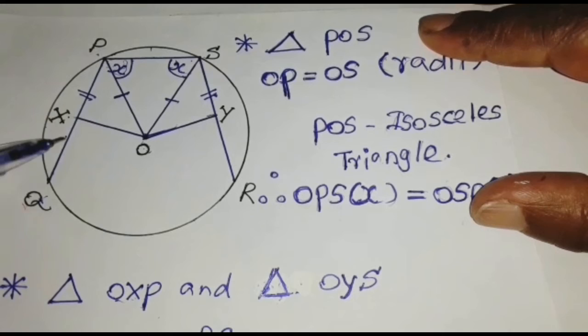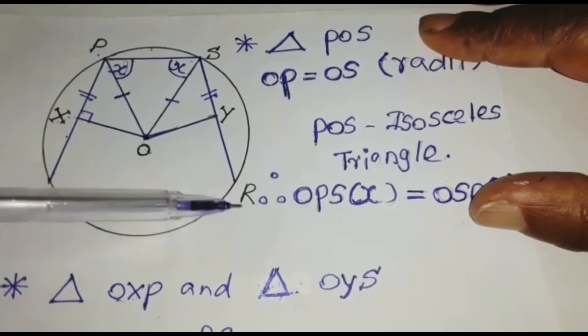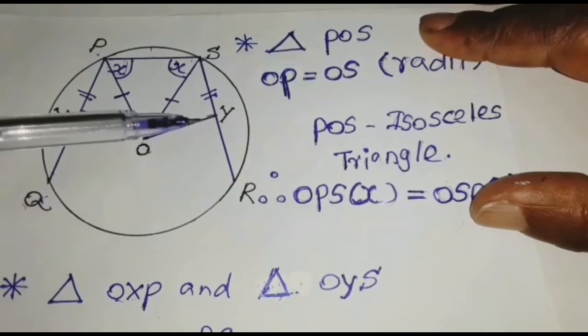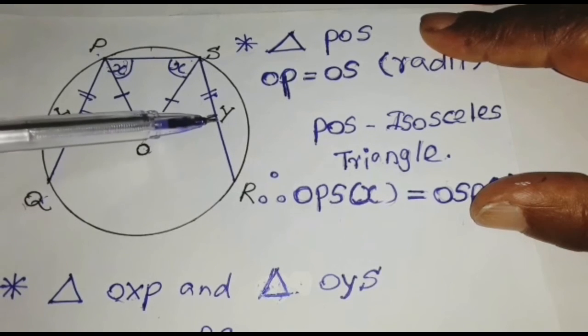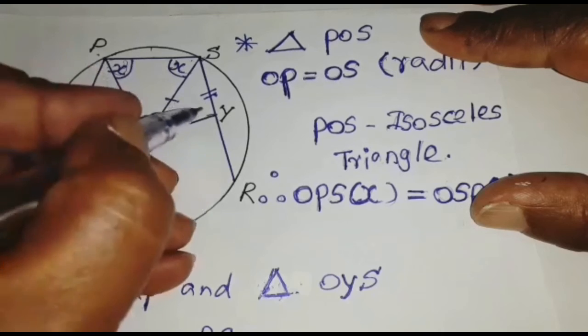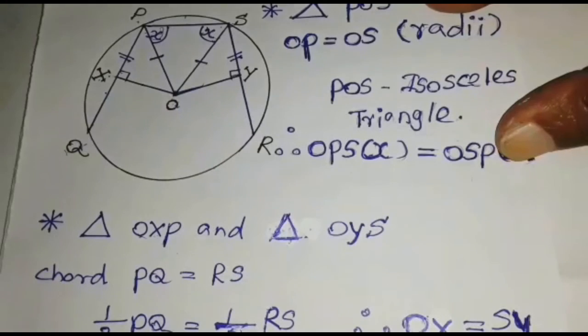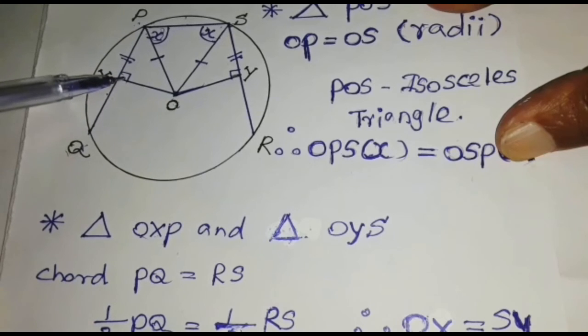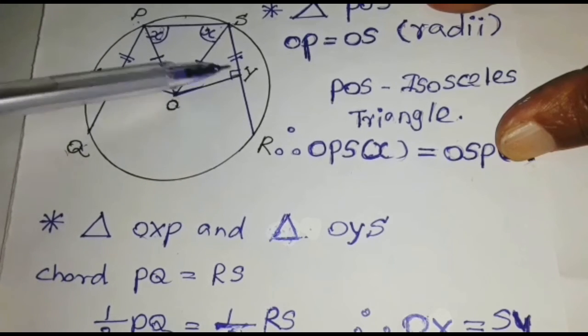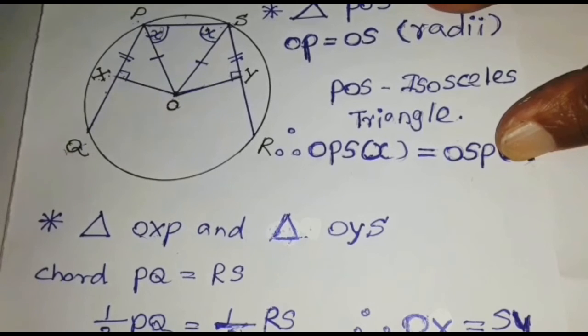When we draw the straight line from the center to the midpoint of PQ, it makes 90 degrees. RS is also a chord, midpoint is Y. When we draw a straight line from the center to the midpoint of the chord, it makes 90 degrees. This is the theorem of the chord of a circle. So angle OXP equals 90 degrees and angle OYS is 90 degrees.